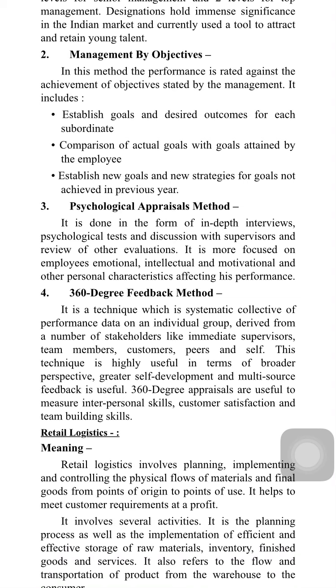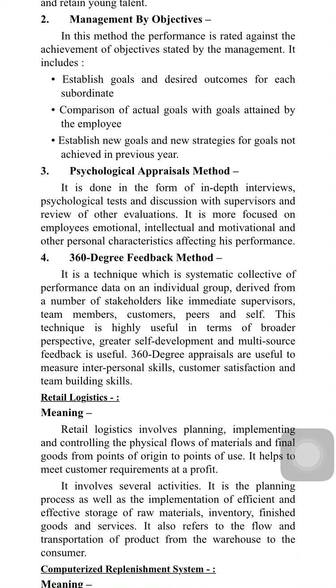The last one is the 360-degree feedback method. The name itself says 360-degree, both the personal as well as the organizational. His personal characters like emotional intelligence, motivation, encouragement, leading the team, along with the organizational, achieving the targets, discipline, obedience, punctuality. Based on all these things, we collect the feedback from the stakeholders.